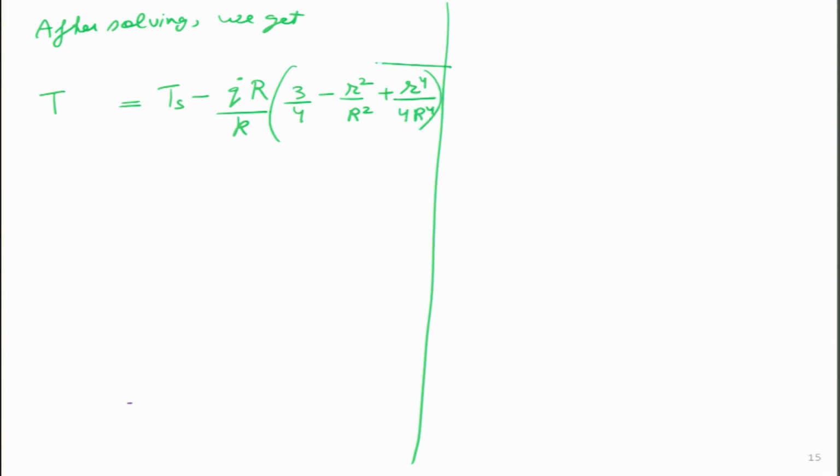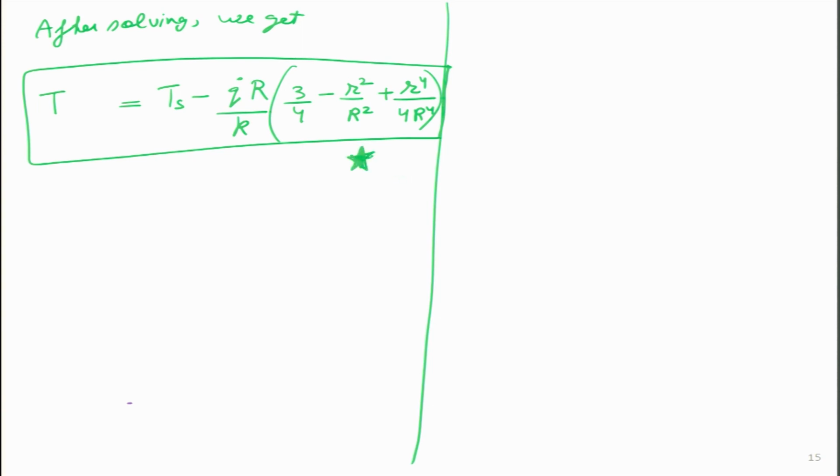It is a long expression over here, but look, with all this long effort we have been able to figure out what we wanted to do. We have achieved the final solution. So, the temperature profile inside the fluid we have figured out, and we can see that q dot, capital R and k are constant. So, the whole thing depends on small r. So, I can vary small r, and figure out what type of a profile I am getting.